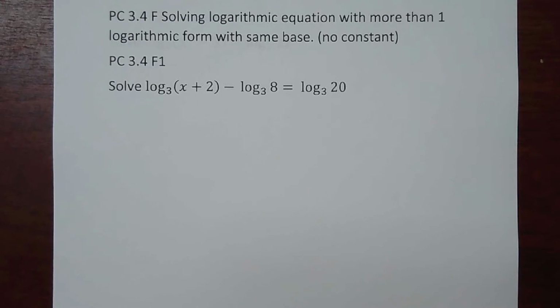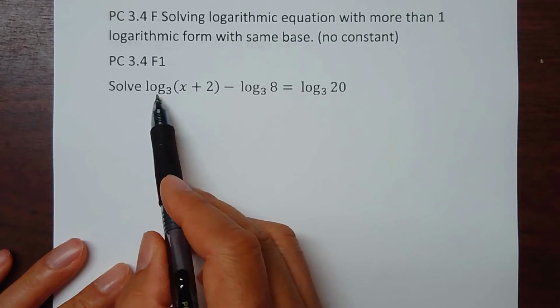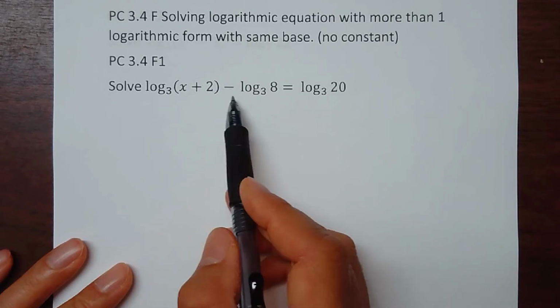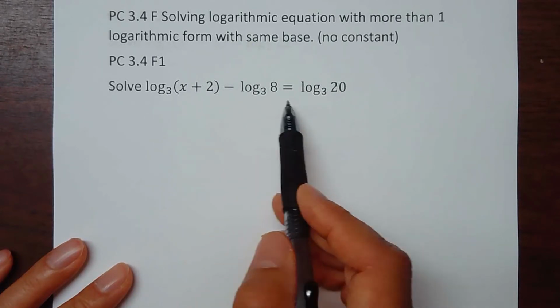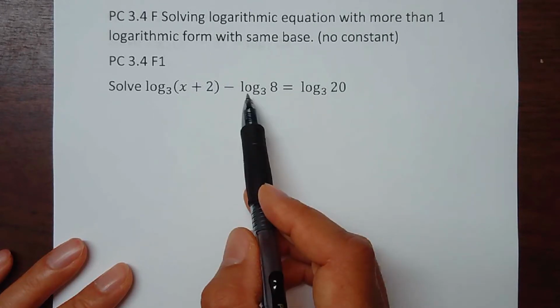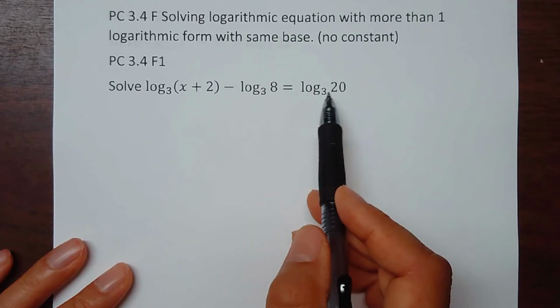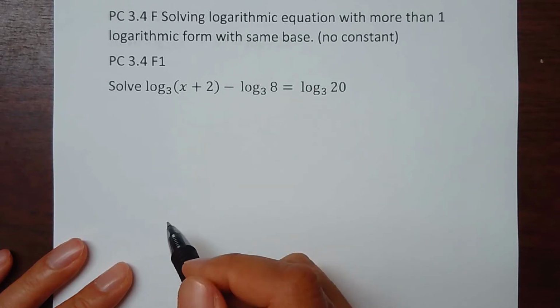Solving logarithmic equation with more than one logarithmic form with the same base. So if you look at it, solve log base 3 of x plus 2 minus log base 3 of 8 equal to log base 3 of 20. Log, log, log. We have all same bases as 3, but everybody is in logarithmic form.